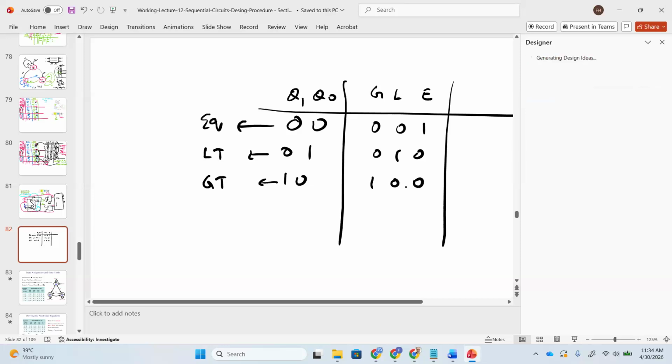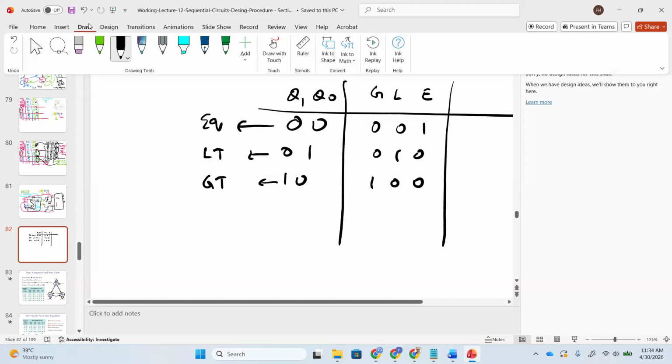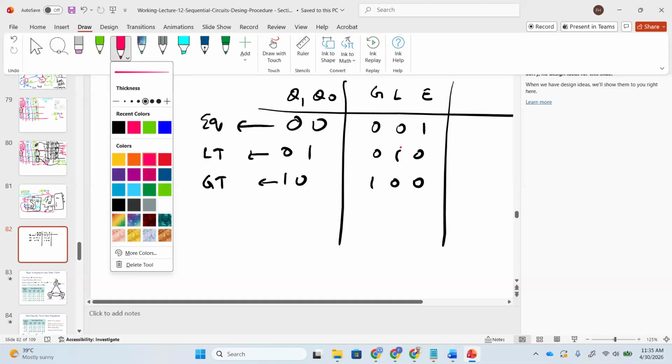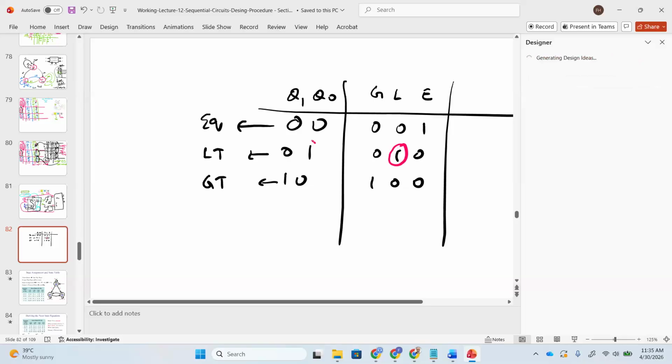Now please look at this diagram. Can you see this L? L is the same thing as Q0. Am I saying right or not? Got it or not got it? Yes. So L is the same thing as Q0. This clear or not clear?